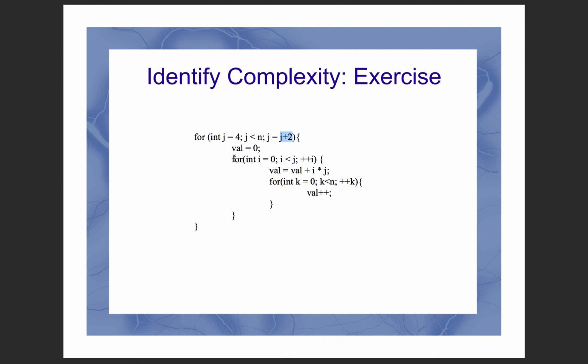So now you have a for loop over here that runs j times, and another for loop over here that runs n times. So this one is n times, this one is j times, and this one is n times.